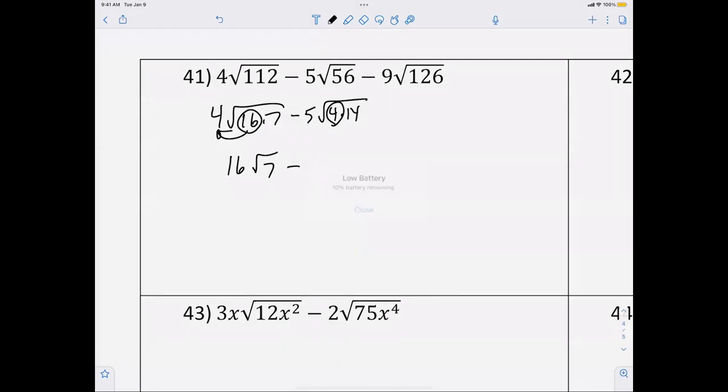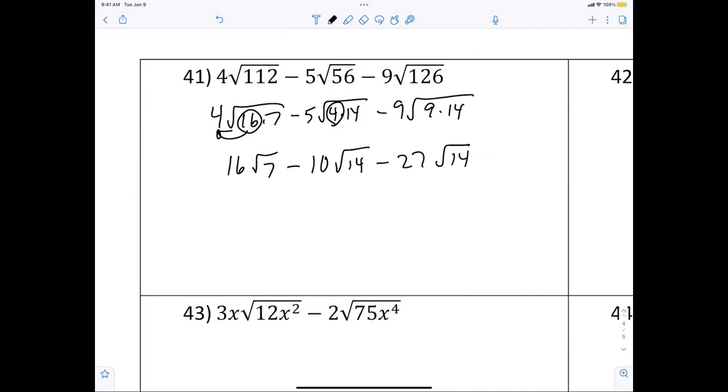So that becomes negative 10. And then 126 we said was. Everybody's good with that now? So again, 16 radical 7 minus 37 radical 14. Anybody have any issues with that?